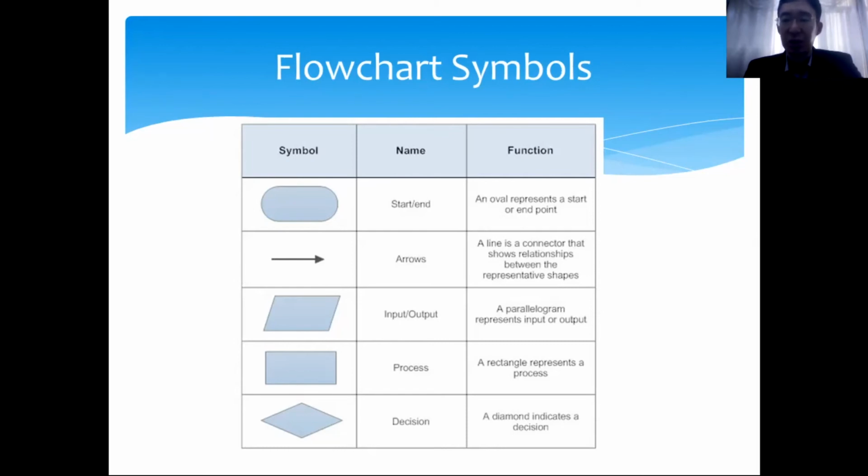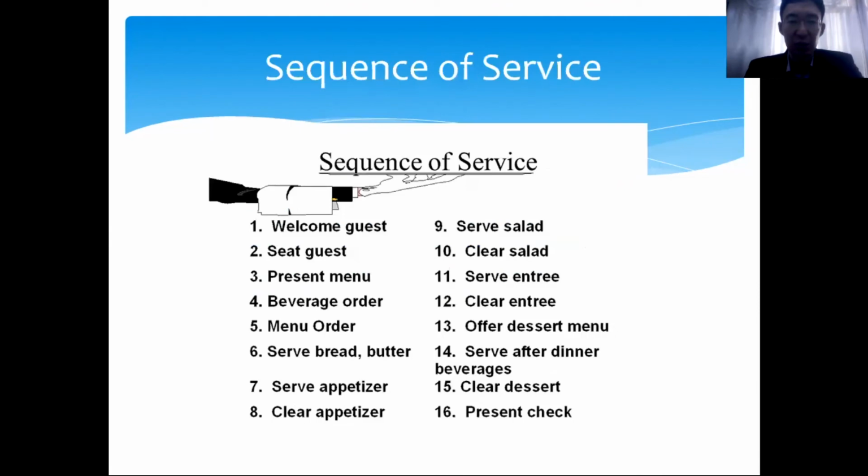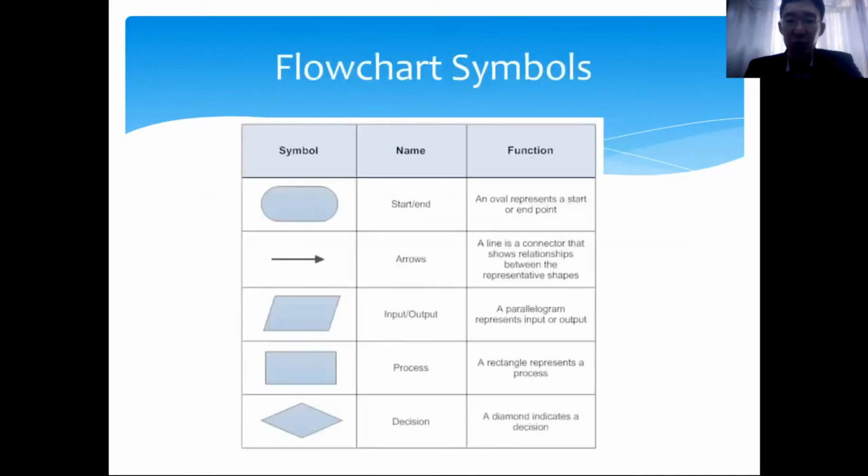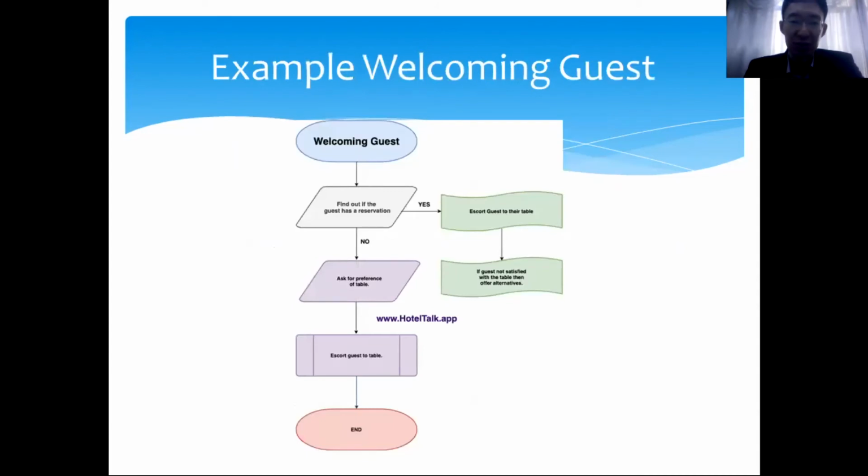Also, a flowchart is used, for example, when we want to automate a service, a production, or any process. And as I said before, now I would like to cover the sequence of welcoming guests. In the flowchart, it would look like this.